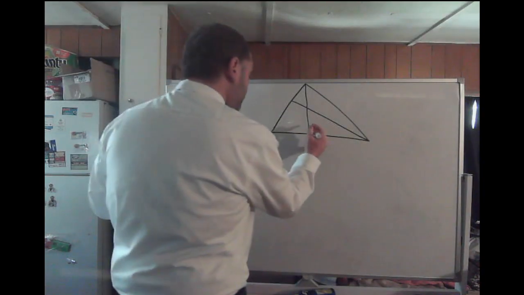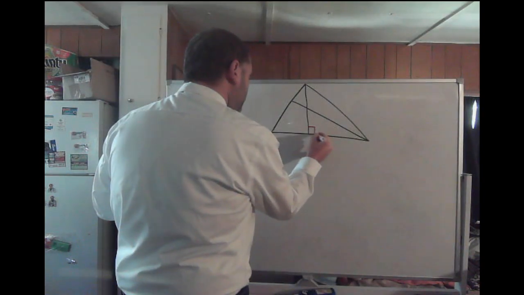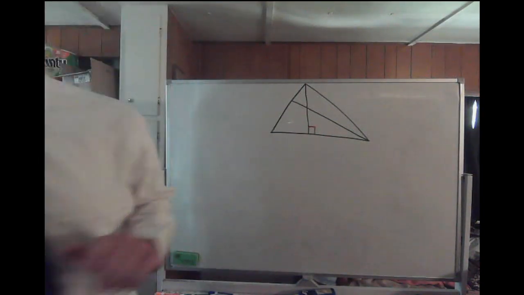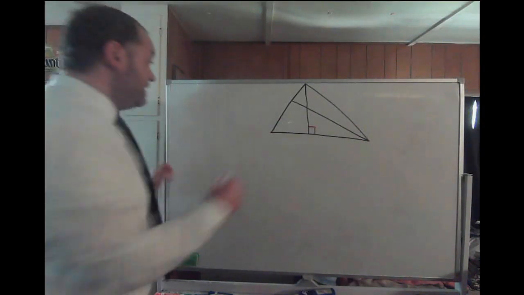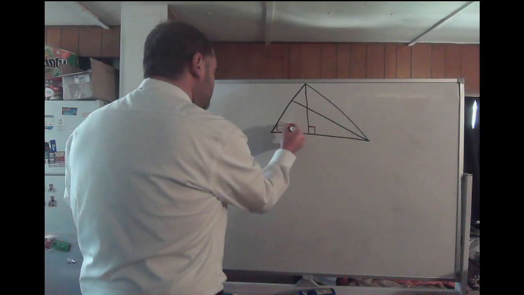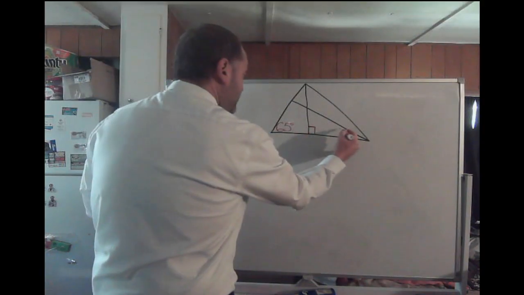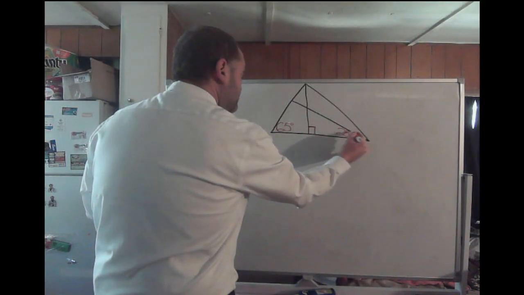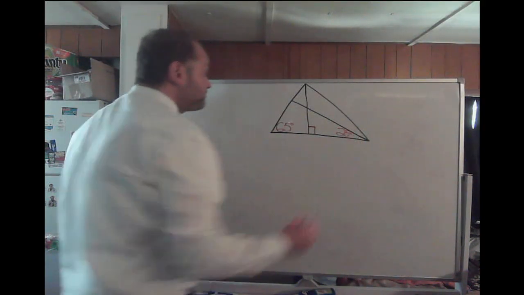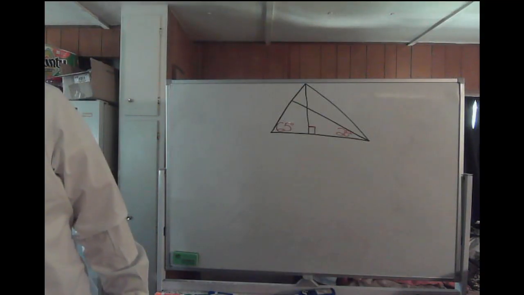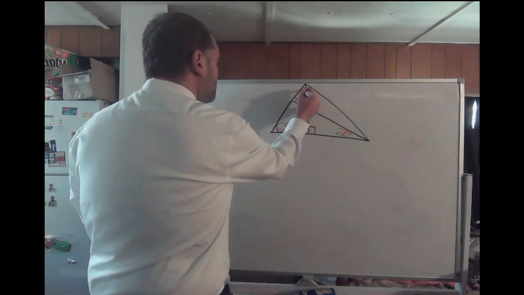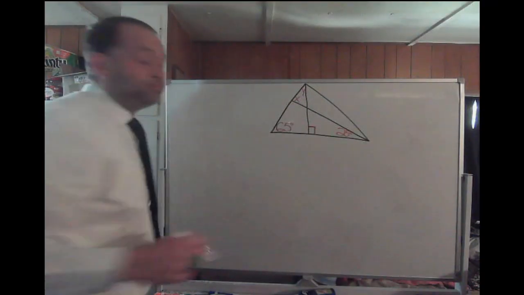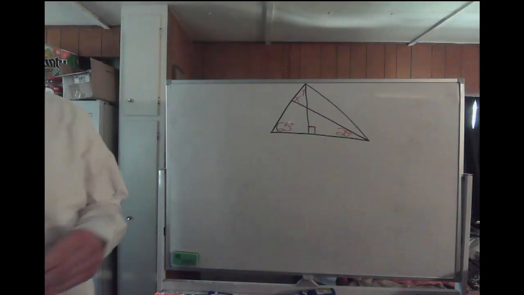We know for sure that this angle here is a right angle, so that's going to help us. This angle is 65 degrees. That angle is 25 degrees. This angle here is X. This one here is Y up top. Okay then.